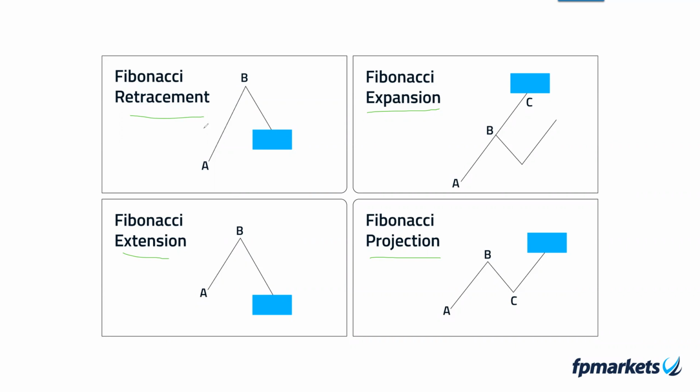Now, Fibonacci retracement, as you can see here, is pretty self-explanatory. I do hope most of us understand this anyway, because this is quite basic. A Fibonacci retracement you can find within an uptrend. As we just looked at on the previous slide, we have a higher high, a higher low, another higher high, another higher low. This is a series of higher highs and a series of higher lows.